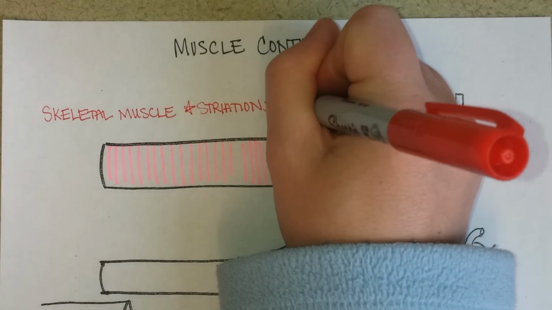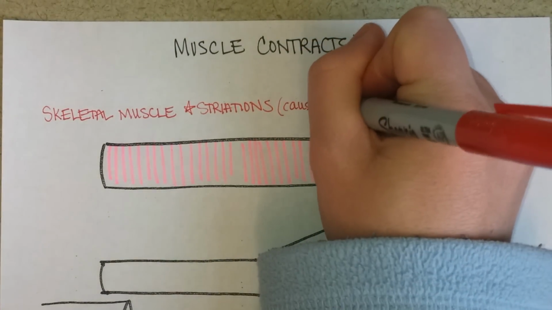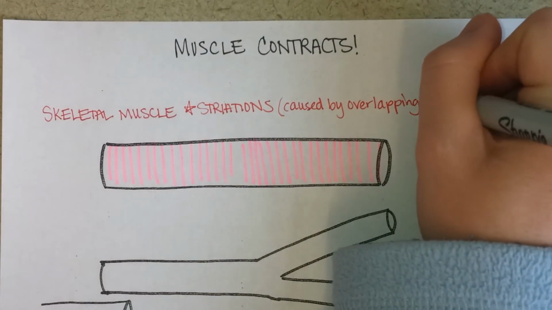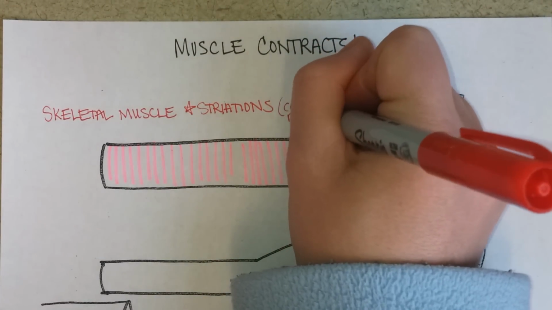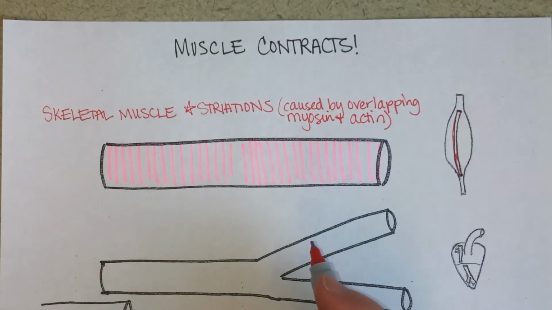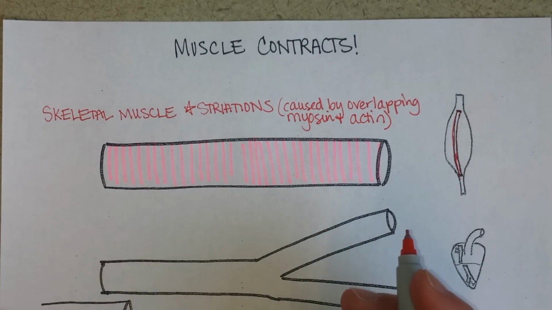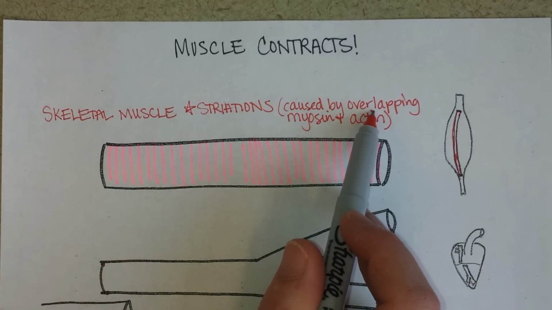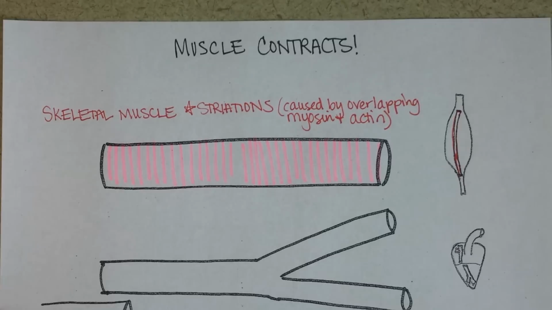And those are caused by overlapping proteins inside the cells called myosin and actin. And the more or less they overlap, then the longer or the shorter the muscle cell is. So it's because of the overlap that the muscle cell can change length.